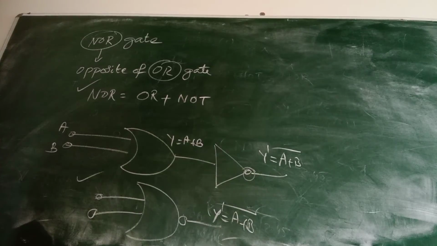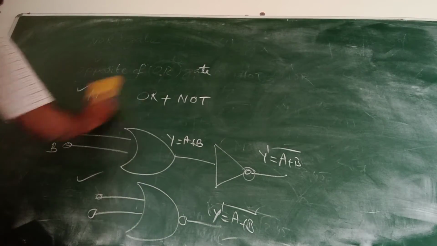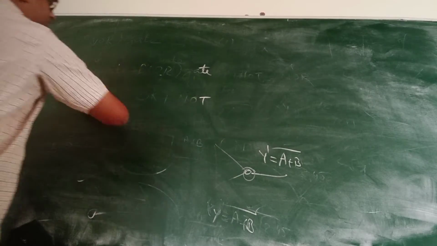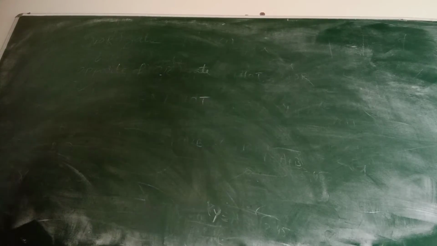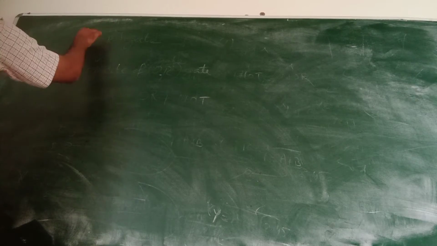This is NOR gate. So let us draw the truth table now. Because it is basically reverse of OR gate, let us draw the truth table for OR gate.